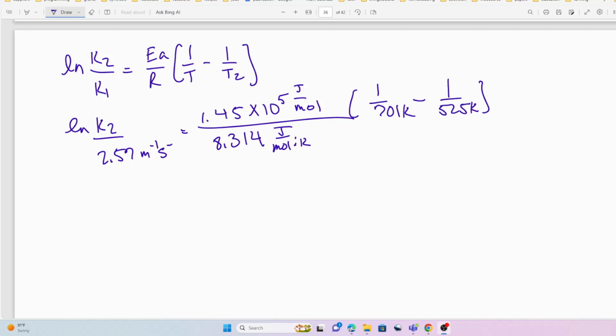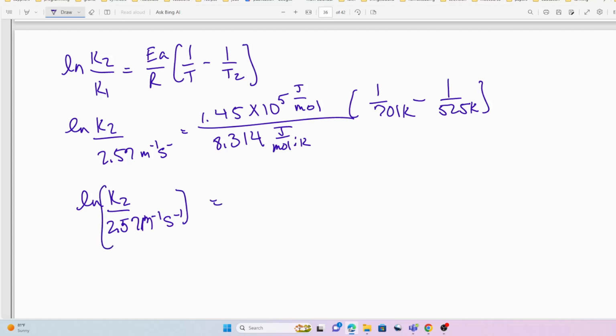So we can simplify: ln of K2 over 2.57 molar to the minus 1, second to the minus 1, is equal to negative 8.3405.